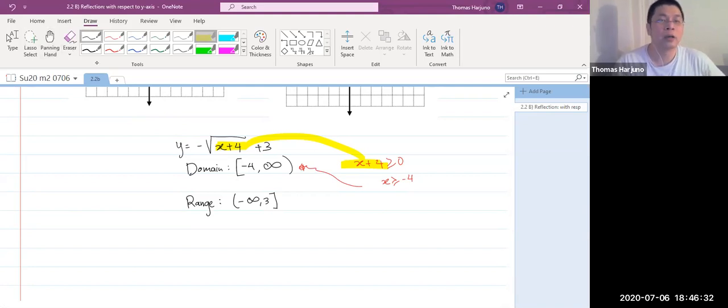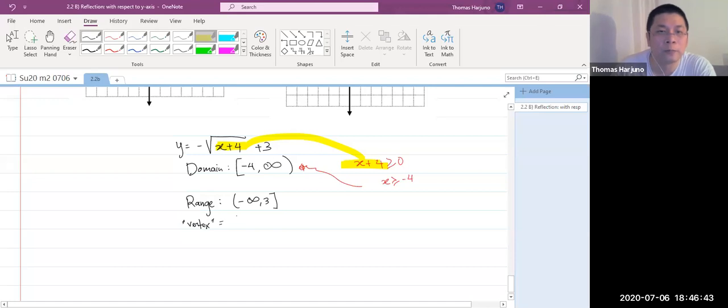Okay, and then the quote-unquote vertex. It's not a vertex, but I call it that. The place that you start graphing with is negative 4, 3. How about the y-intercept?